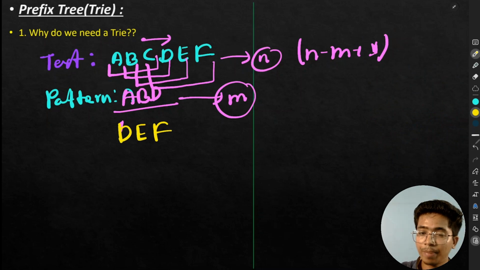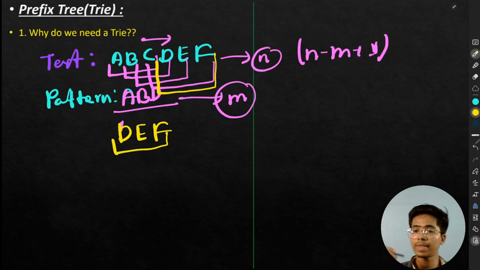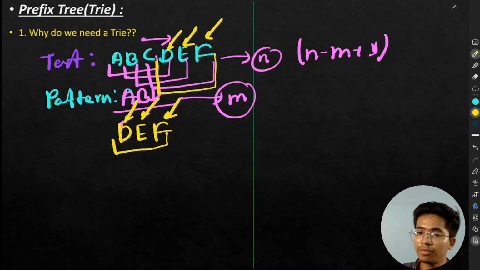Got it, our pattern is DEF. Now if we come to this iteration, DEF, we see that our pattern is being matched. Then what we will do is compare one by one. We'll compare this D with this D, this E with this E, and this F with this F. That means first we'll compare n minus m plus 1 times, and then we'll compare all the letters in our pattern.